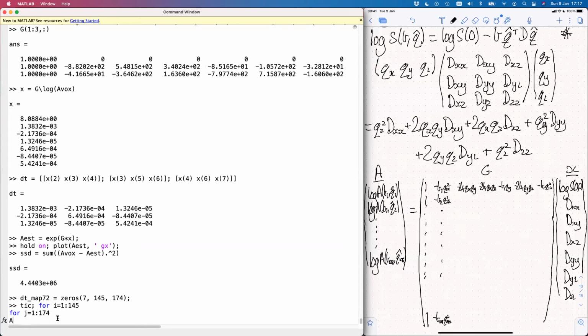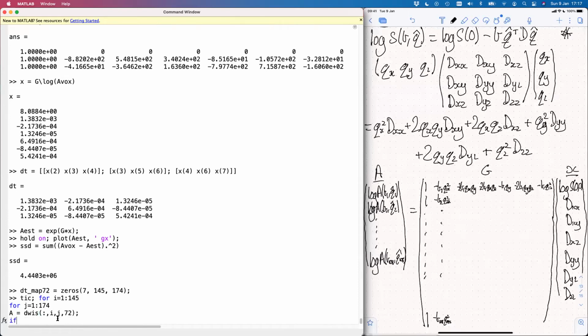Let's pull out the measurement in the corresponding voxel. And we'll do the same test that we did last time to avoid noisy background voxels that have got negative or 0 measurements in them.